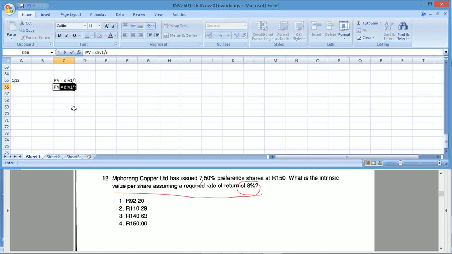So your dividend is going to be 150 times 7.5%, and then you're going to divide that by a required rate of 8%, equals 140.625, which you round off is 140.63, option 3.